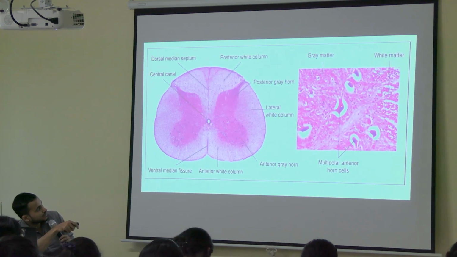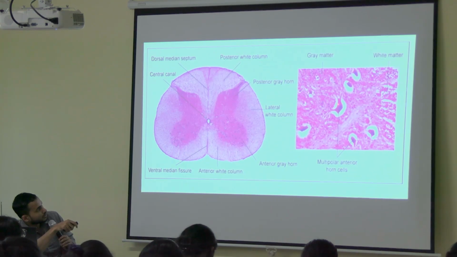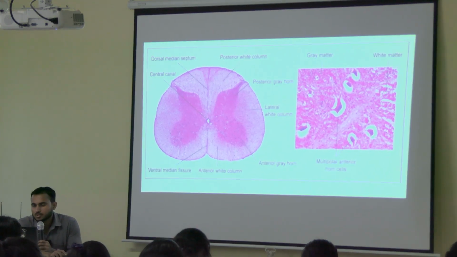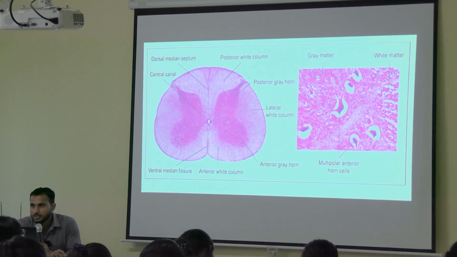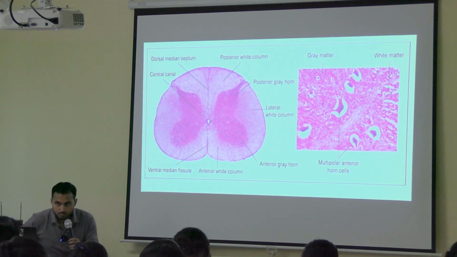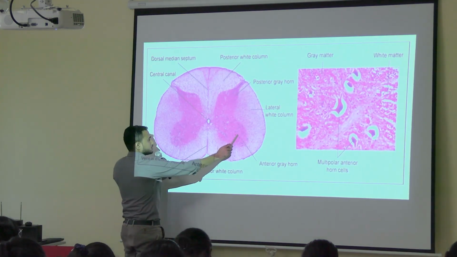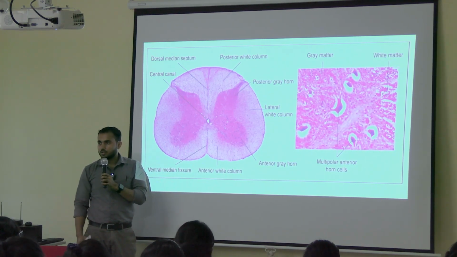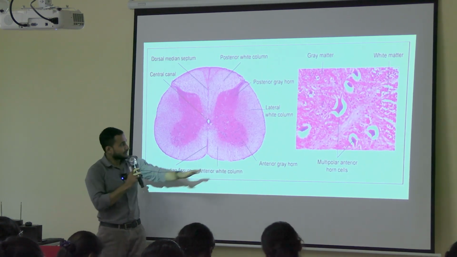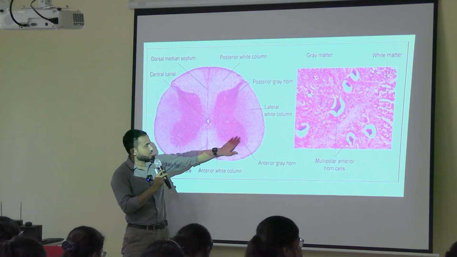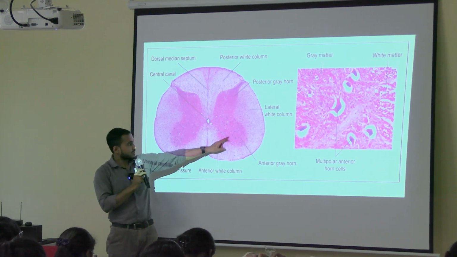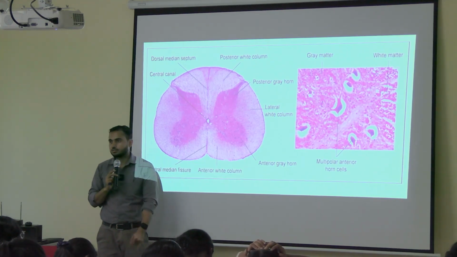In the gray matter, these are the cell bodies. Here you can see the multipolar neurons. So where are multipolar neurons mainly found? They are found here, in the anterior gray horn, the ventral horn. Large multipolar neurons are there. That can be seen under high magnification.